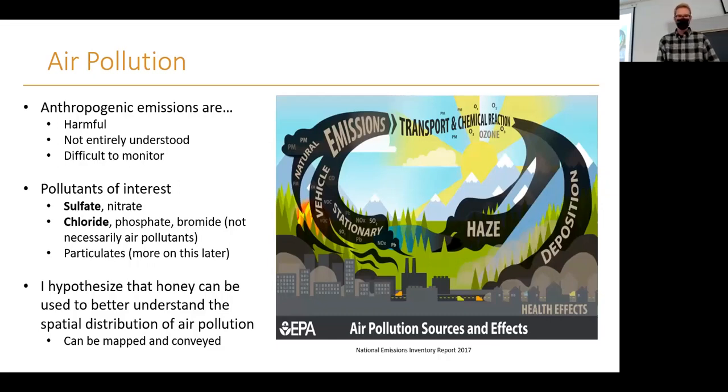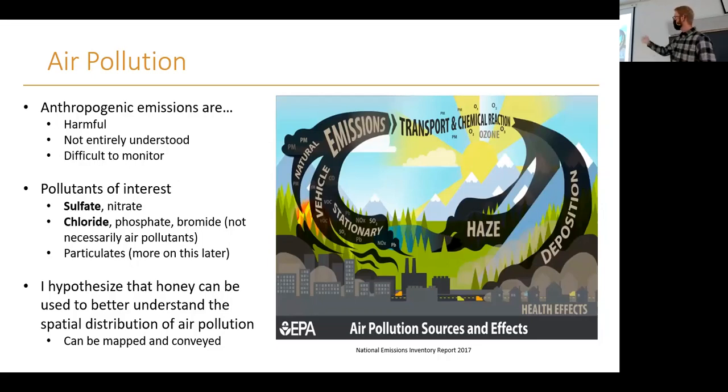So they tend to sit around population centers, cities, and where the burning of fossil fuels is happening. Their dynamics, where they go, and how they're interacting with things are not entirely understood. And they're difficult to monitor, which is part of why they're not entirely understood.